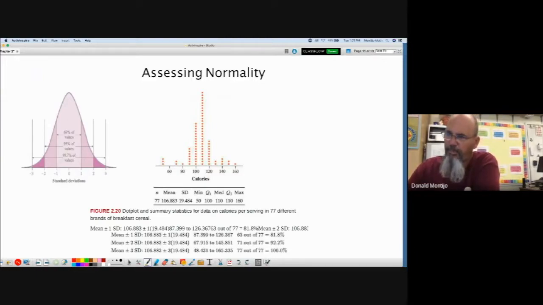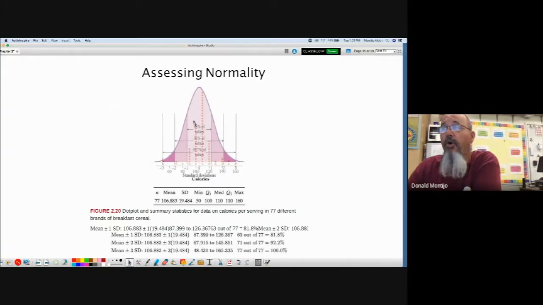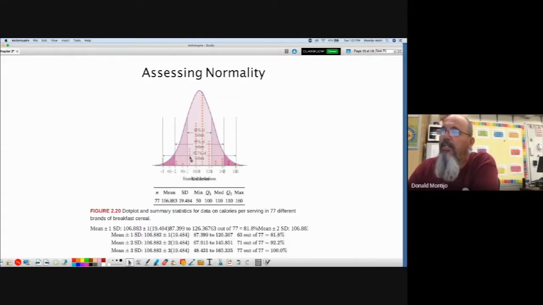So if we put this curve over the top of, we know that the mean was 106. And we also know that the standard normal curve has a mean of 0. So if I put this curve over the top, I'm going to count how many dots are within one standard deviation of the mean.